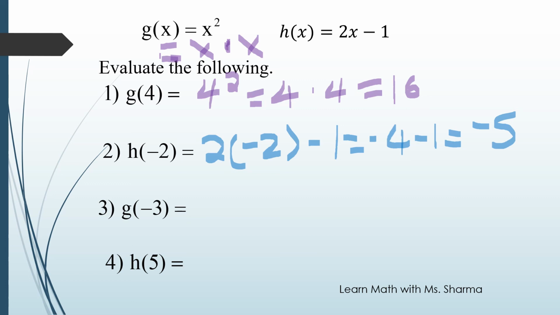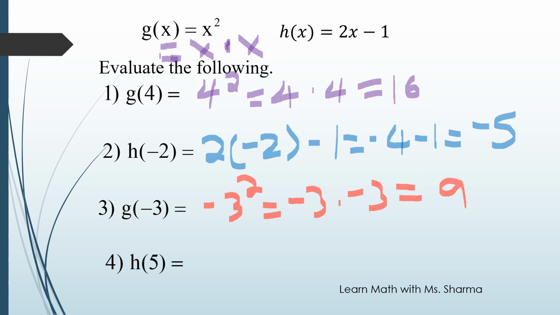Now number 3 says g of negative 3. So x is negative 3. We want to plug negative 3 in g of x, where it's negative 3 squared, which means negative 3 times negative 3, which is 9.